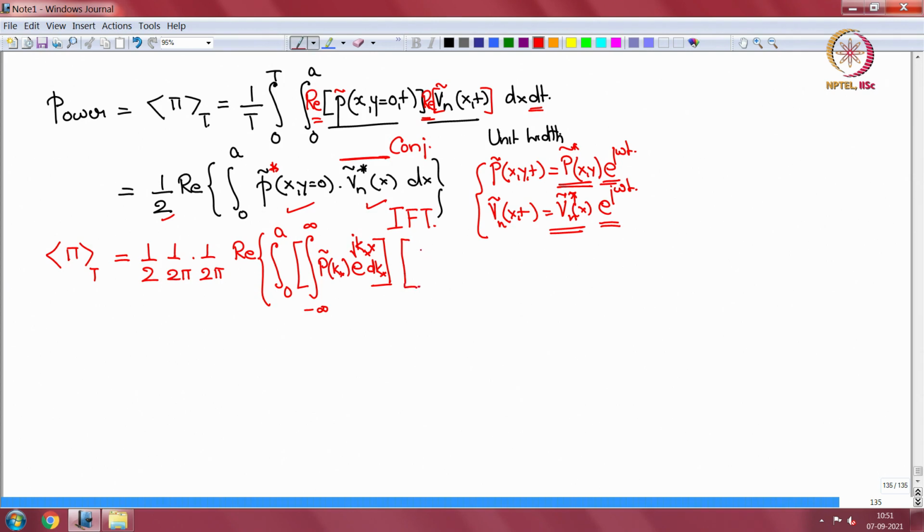Similarly, for the velocity part, integral minus infinity to infinity V tilde kx dash conjugate. Let me make it a conjugate by putting this line here, e to the power minus j kx dash x dkx dash. This minus again because it's conjugate, and a dx at the end.